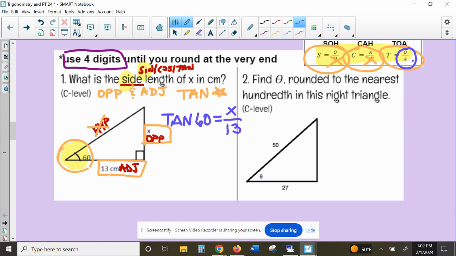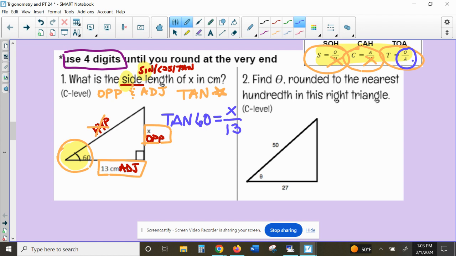All right, good so far? Now pick up your calculator. It's on degree mode, right? It should stay on degree mode while you're using it, obviously. Okay, are we finding an angle or a side? Side. So do we hit the second button or not? We don't. So just hit tan. Everybody hit tan. Now on your screen you should see tan with the parentheses.